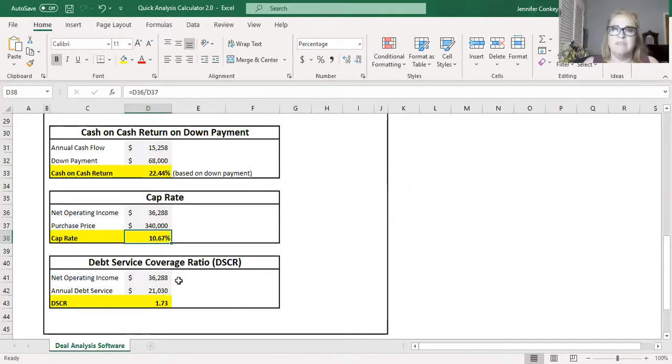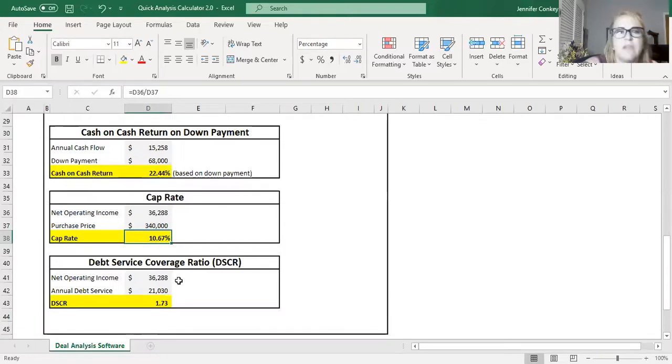So the higher the debt service coverage ratio, the more relaxed the lender is, knowing you have plenty of money coming in to cover the mortgage and anything else that could come up, and for you to have positive cash flow. If our number was a 1.03 debt service coverage ratio, you would know the numbers just don't work.